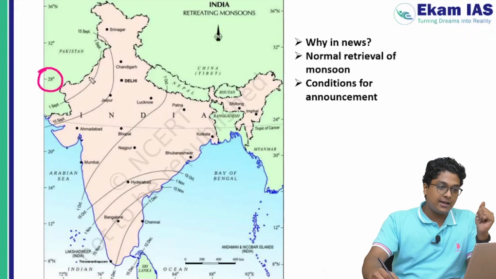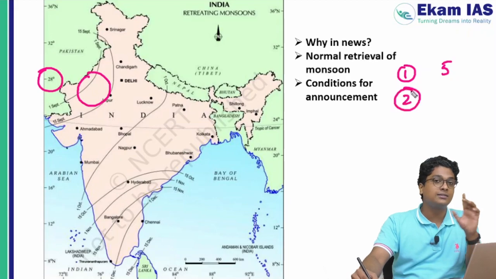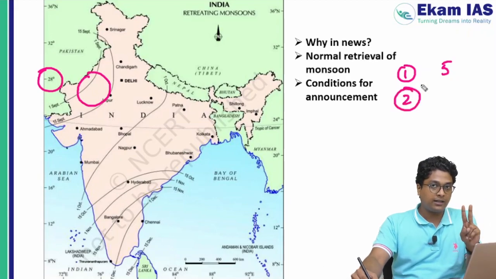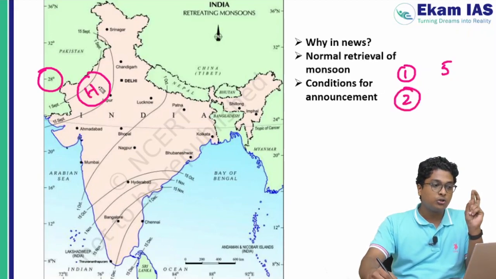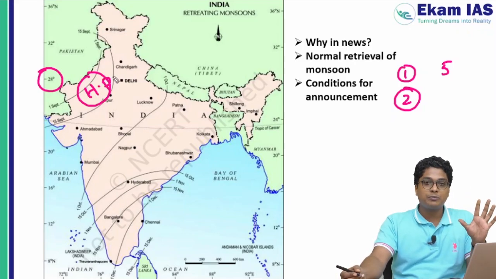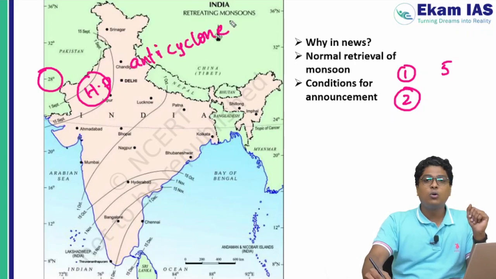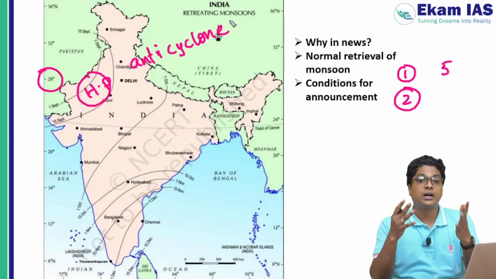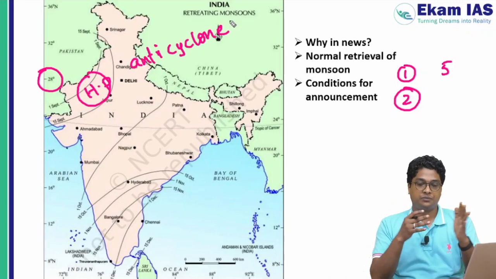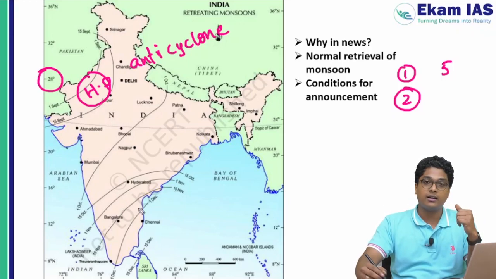So in this area, the second condition: the first condition, I told you, is 5 consecutive days with no rainfall. The second condition is that a high pressure should form in this area. This high pressure will lead to anticyclone formation. We all must have heard about the tropical cyclones, which usually cause devastation in the coastal areas.